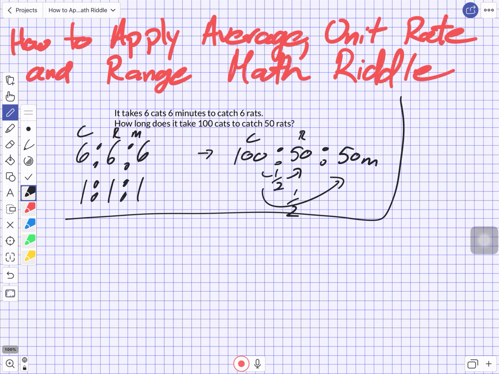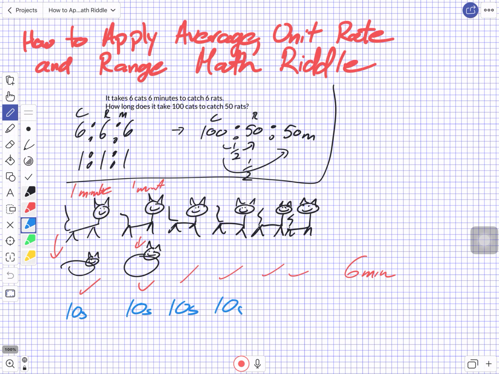I mean, it could actually take, let's shrink this a little, it could take the first cat 10 seconds. And then this cat, 10 seconds, 10 seconds, 10 seconds, 10 seconds. It's 1, 2, 3, 4, 5. So that's 50 seconds. And maybe it takes the last cat 5 minutes and 10 seconds to catch it, which ends up equating to 6 minutes.